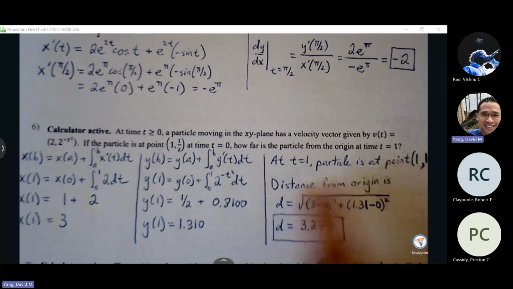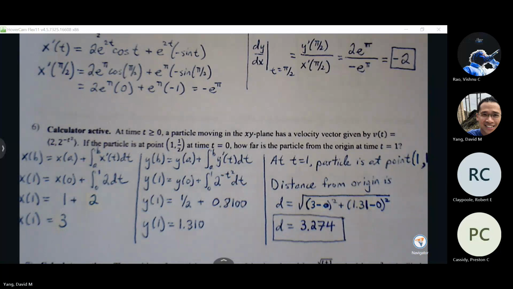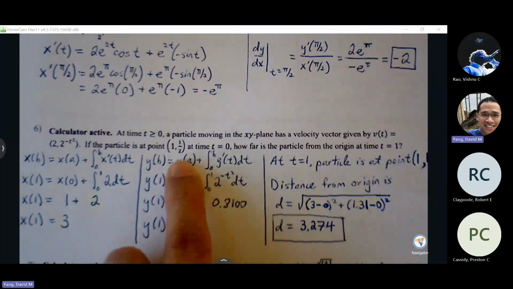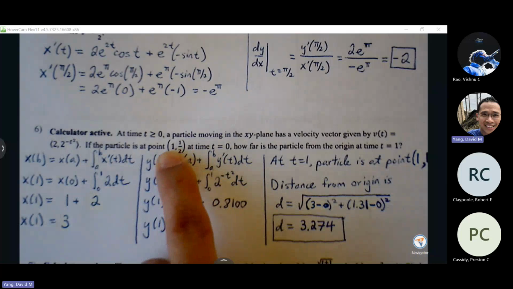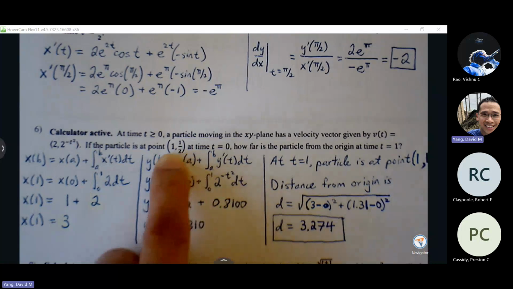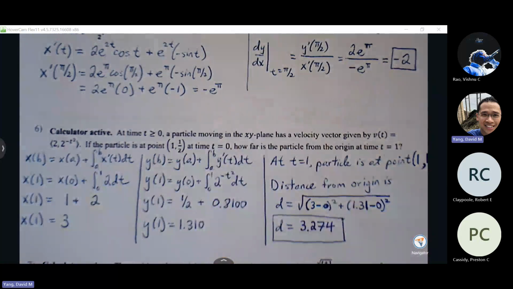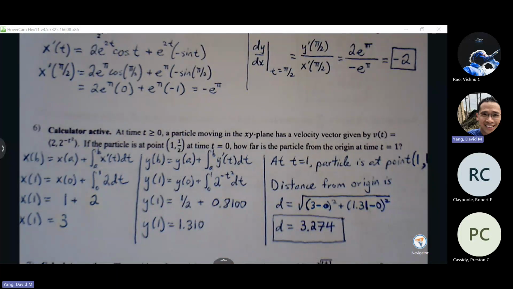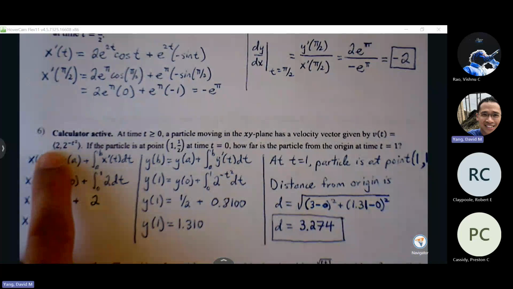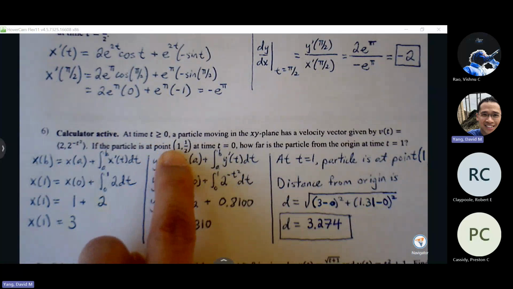So what we can do is figure out how far this particle moves from a horizontal perspective and from a vertical perspective. So we can use that final position equals initial plus displacement. We have our horizontal component for our velocity vector, and then we also have a starting point for our x coordinate.